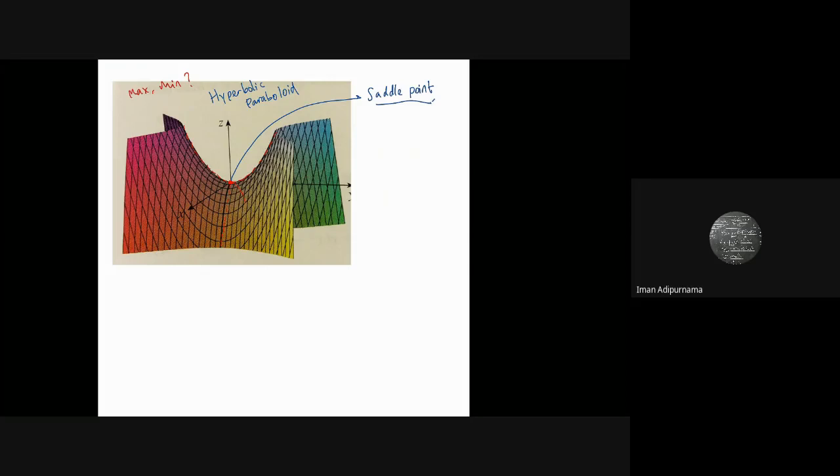But the definition is precisely similar to what we are going through. The partial x is 0, the partial y is 0. But in a saddle point, it is not max or min. That's the definition.